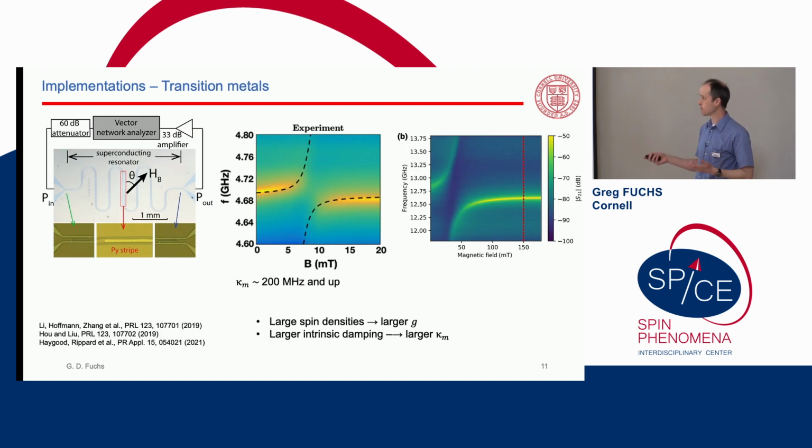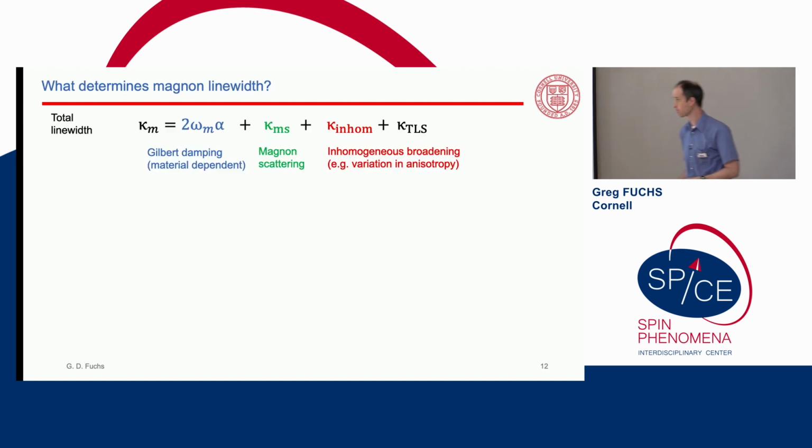So people have taken more conventional magnetic materials like permalloy and conducting alloys that you can deposit at low temperature and do lithography on, and done these kinds of experiments. And again, this is nice, but the line widths of the magnons are even larger just because it's limited by much higher intrinsic damping. So this really sets the challenge. You'd like to have something that you can pattern, that you can control in lots of ways, but as you go towards those materials, the magnon line widths get worse, not better.